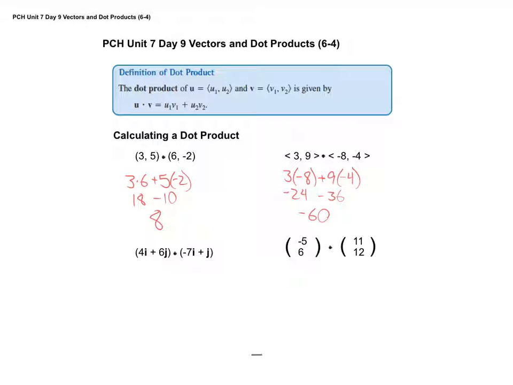So what would we do here? 4 and 7. 4 times negative 7, plus 6 times 1. So negative 28 plus 6 is negative 22.